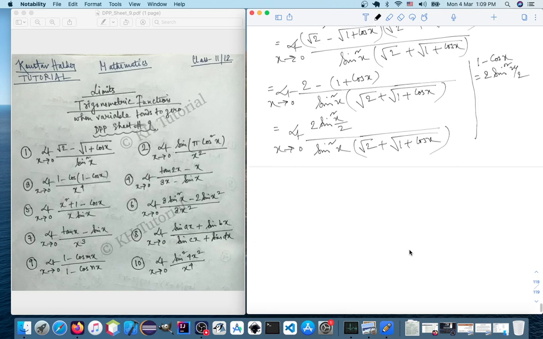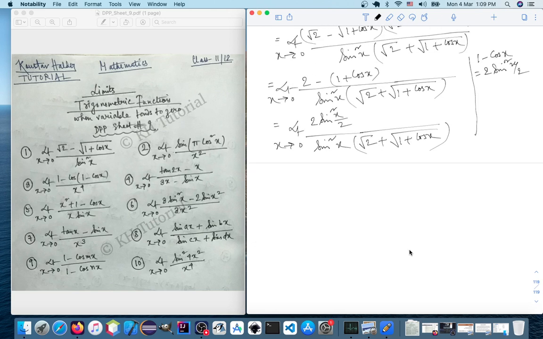So we have sine square x by 2 in the numerator. We would like to create the standard result of the standard limit sin x by x, and also we have sine square x in the denominator. We would like to have sin x by x and then whole square, and then we will adjust in terms that we are adding.